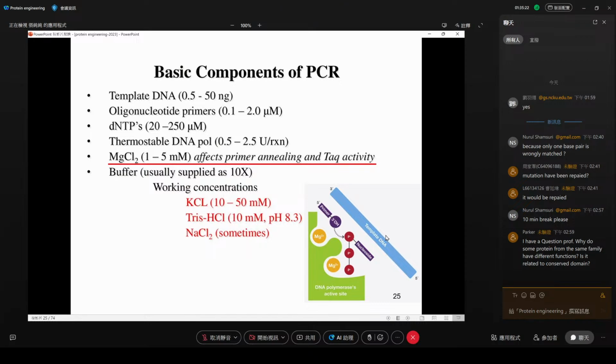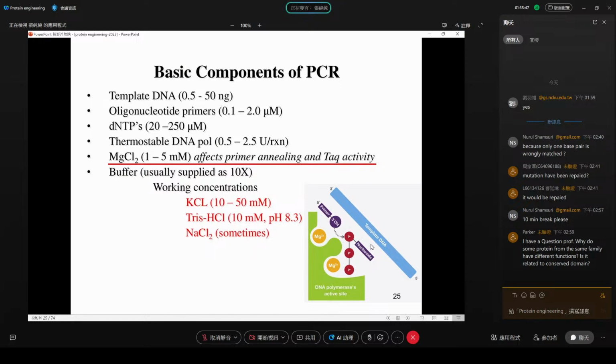They still can incorporate. Especially when you add too much dNTP, above 250 micromolar, maybe 5 millimolar or something like this, some very exaggerated condition, they will have too many dNTPs. So the wrong incorporation will be added into this pocket.